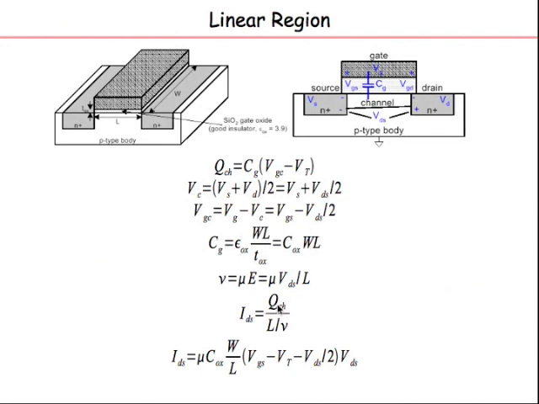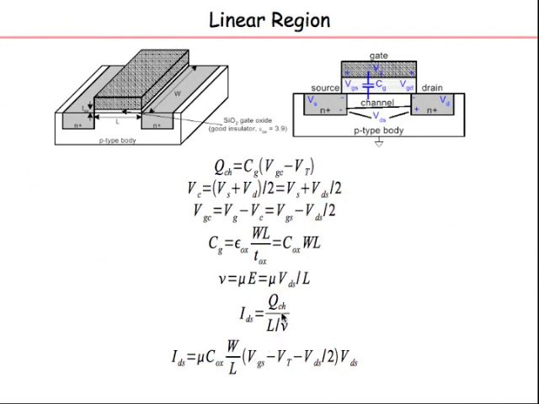So my channel charge Qch is essentially the capacitance times the voltage. C times V is the charge. And V is, we are taking the average value, Vgs minus Vds by 2. Out here, I'll come back to the last equation.